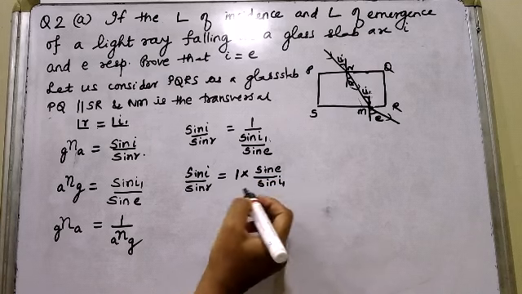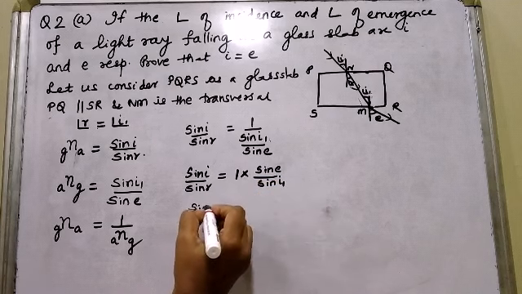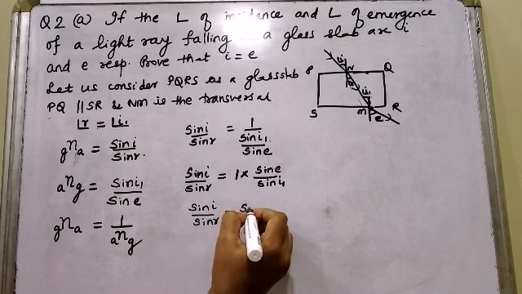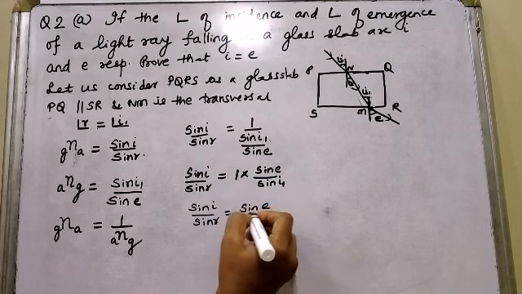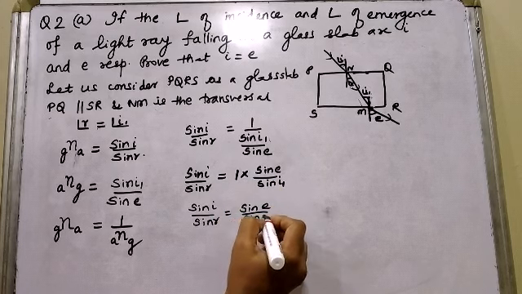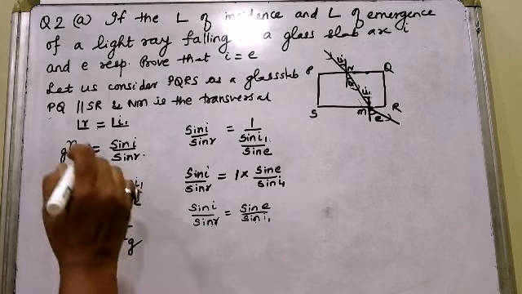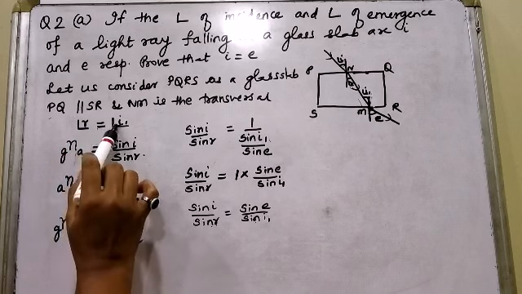So I get sin I upon sin R is equal to sin E upon sin I1. Now look at the denominator. The denominator is sin R and sin I1. So sin R is equal to sin I1.